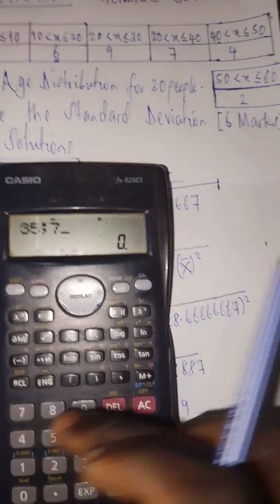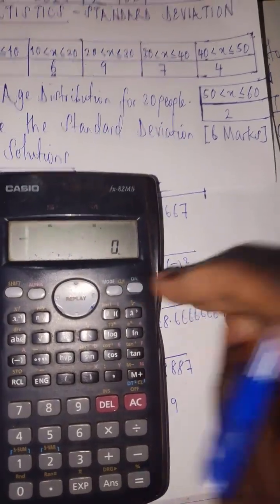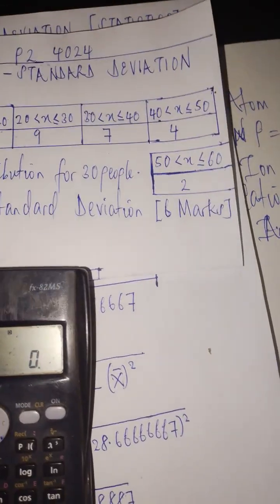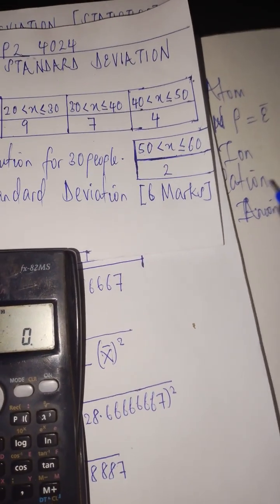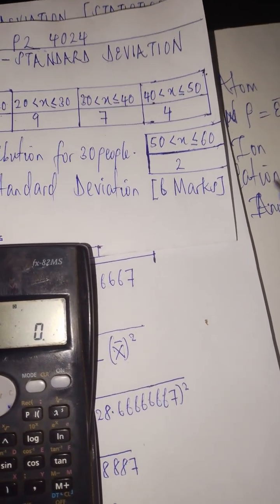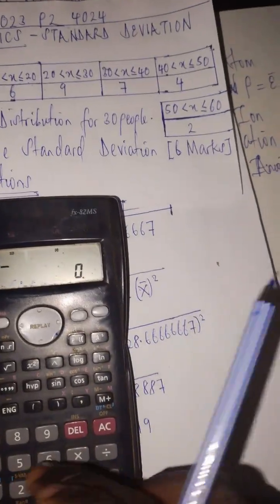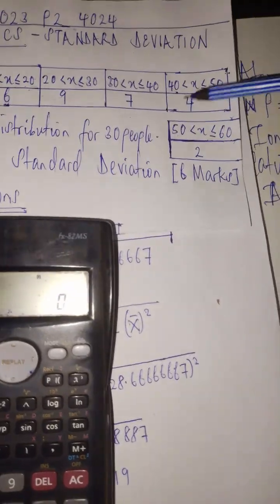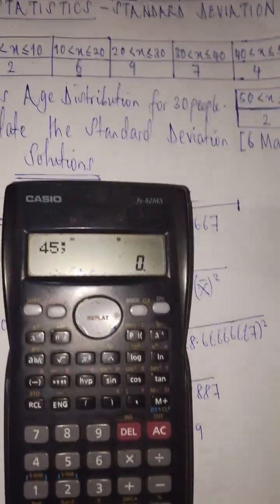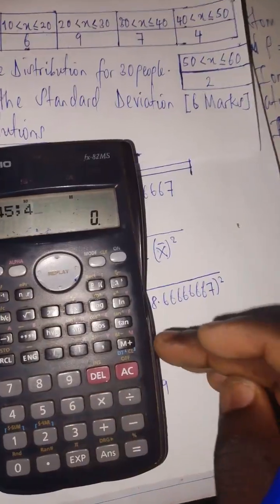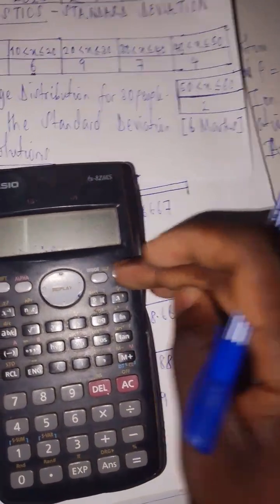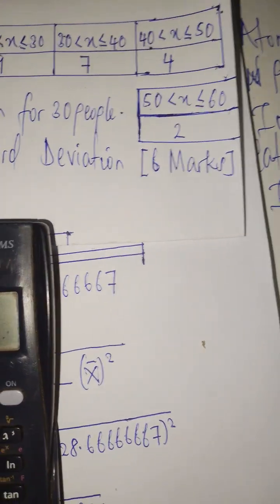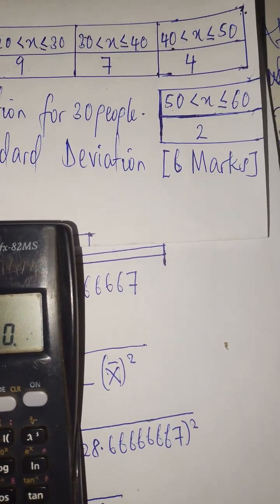Okay, so I'll enter 7, M plus, on. Then I'll go to this one, which was 40 and 50, the midpoint between 40 and 50, that is 45, so I'll enter 45, shift, semicolon, the frequency there is 4, so I'll enter 4, then M plus, on.